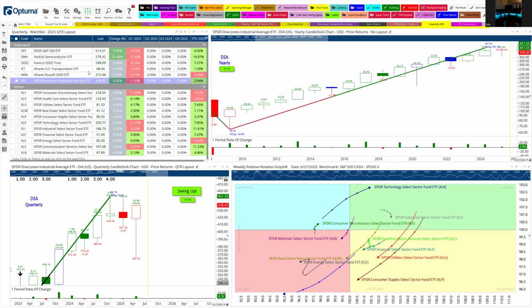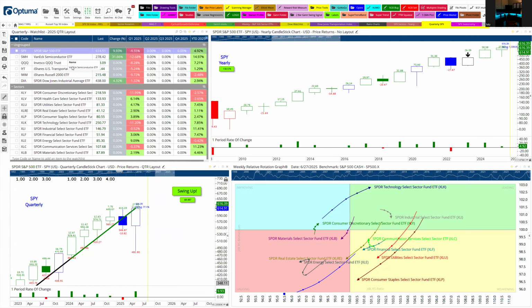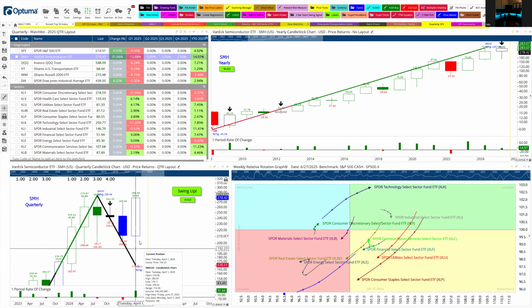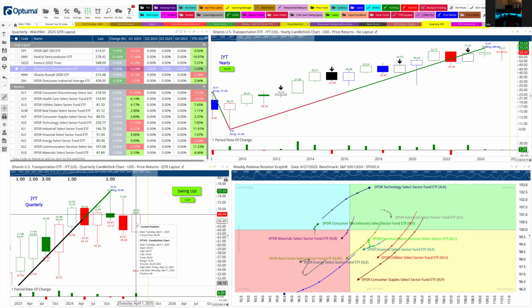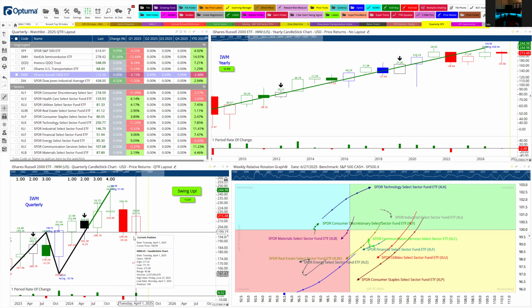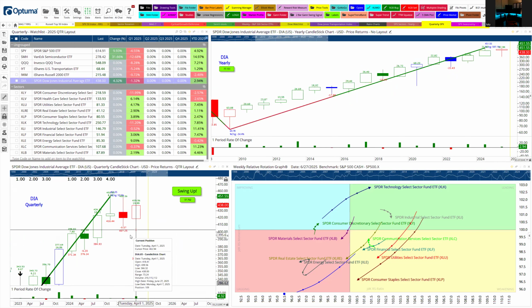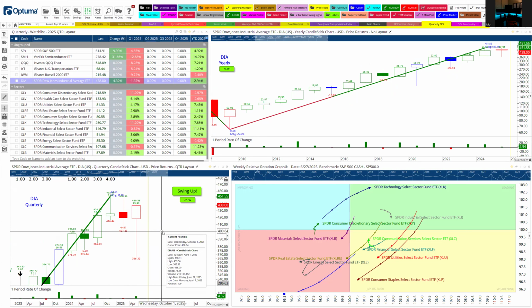You see the difference in how this market is so divided? Look, doubles in semis and Qs. That's where all the big money is, and that's why everybody is chasing this. When you come here to transports, this, this. This market is all about tech and semis.